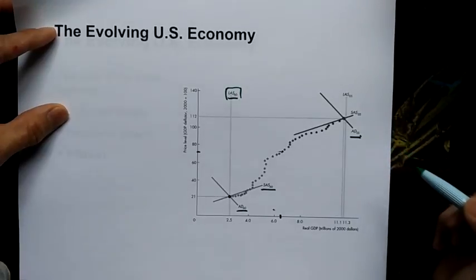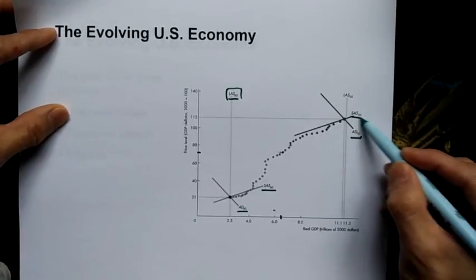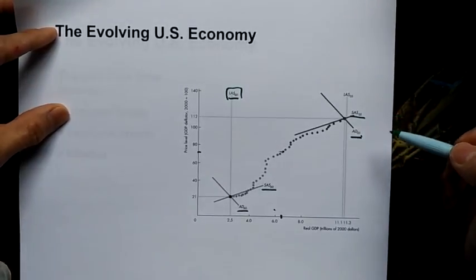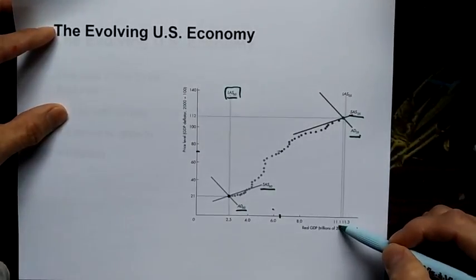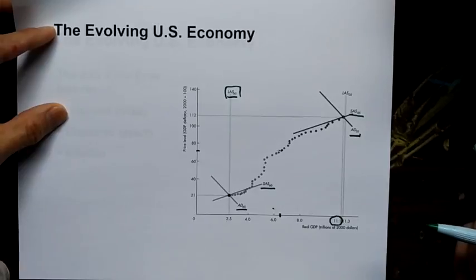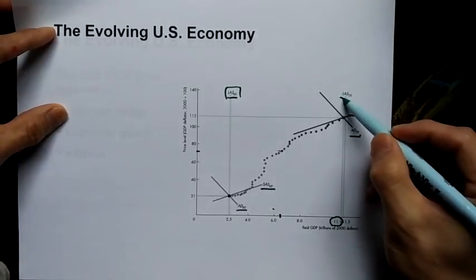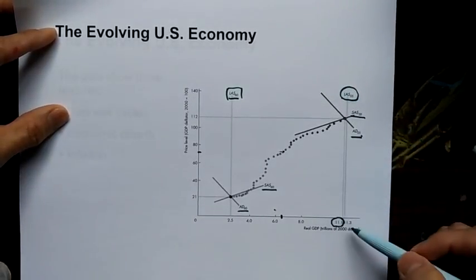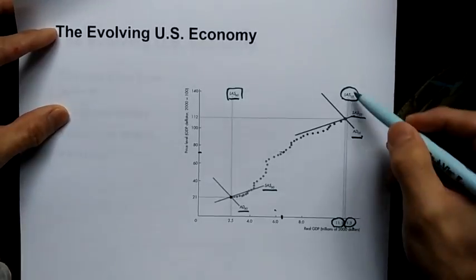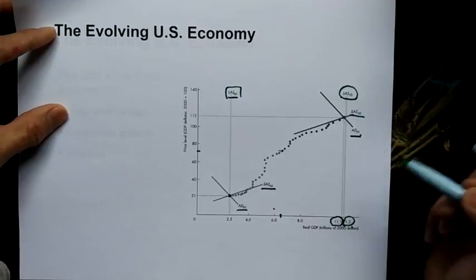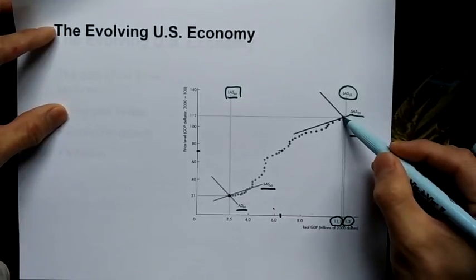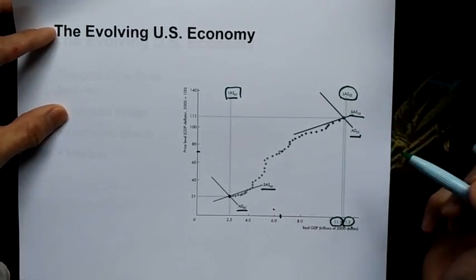This is the aggregate demand curve in 2005. This is the short-run aggregate supply curve in 2005. So in 2005, we were producing at 11.1. But the long-run aggregate supply curve in 2005 is 11.3, this one. Therefore, in 2005, we are producing at a level lower than our potential.